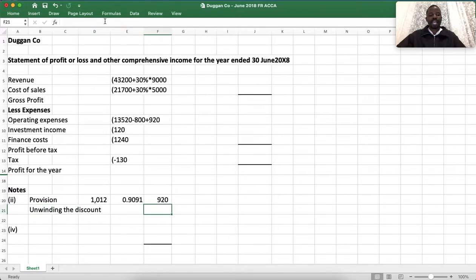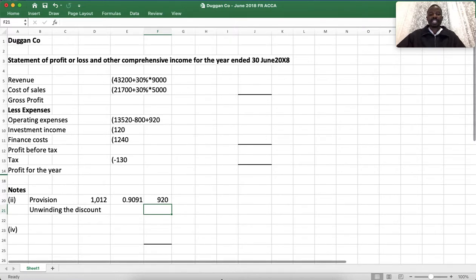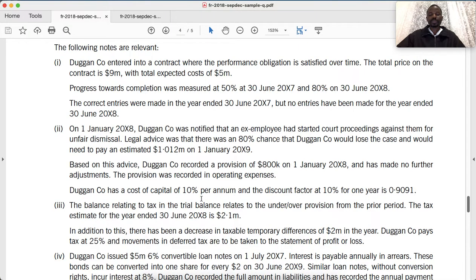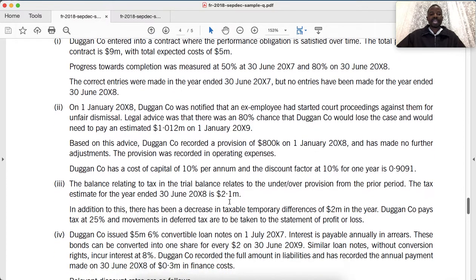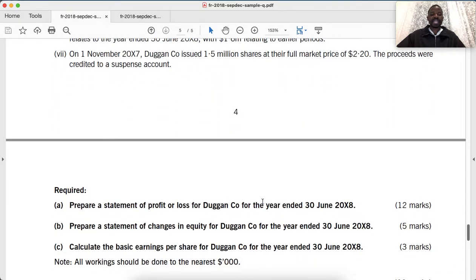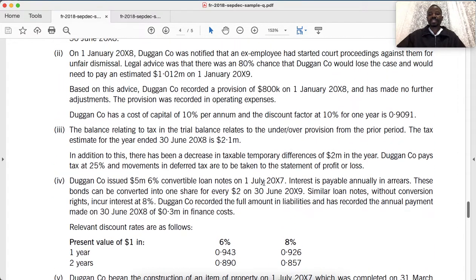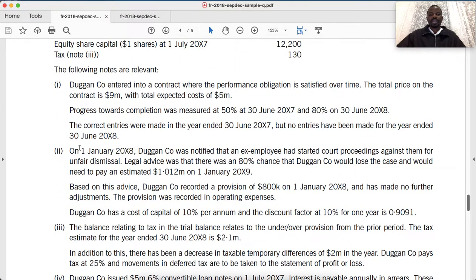So if we unwind the discount, let's take note here. Our year end is 30 June 20x8, but we will unwind the discount for only 6 months, as we recognized the provision on 1 January 20x8. So we say January, February, March, April, May, June.